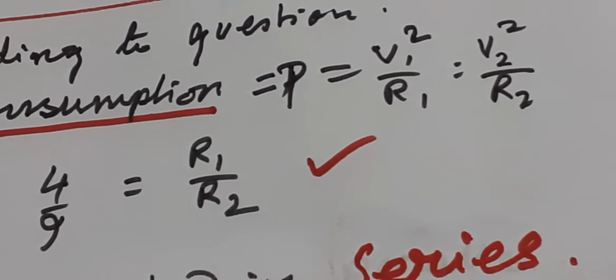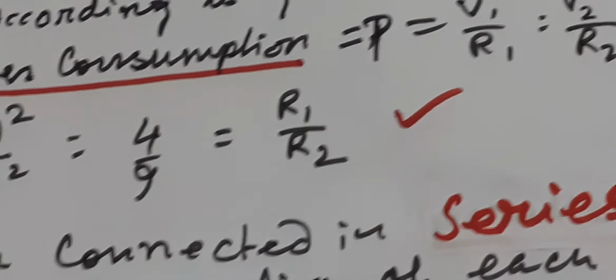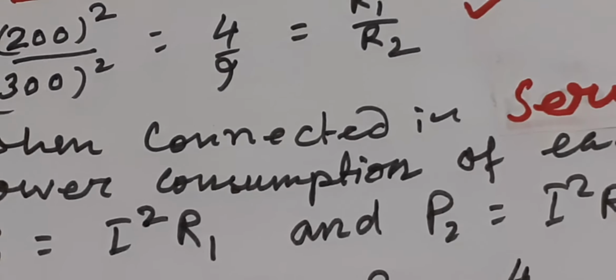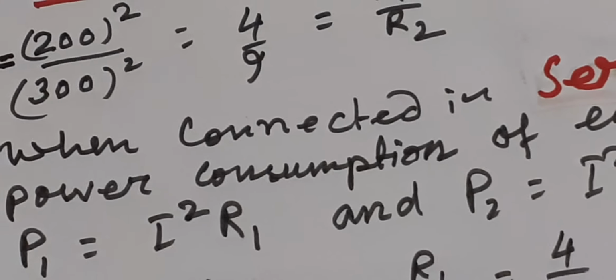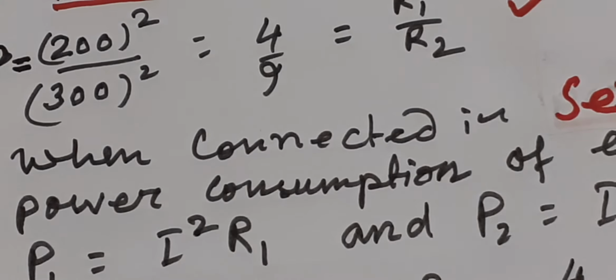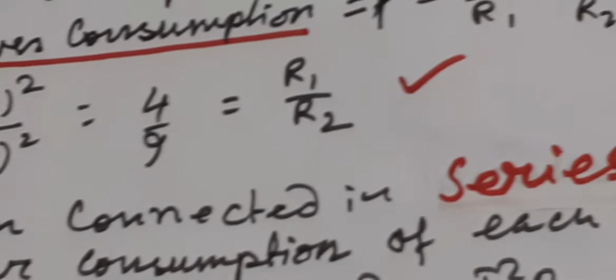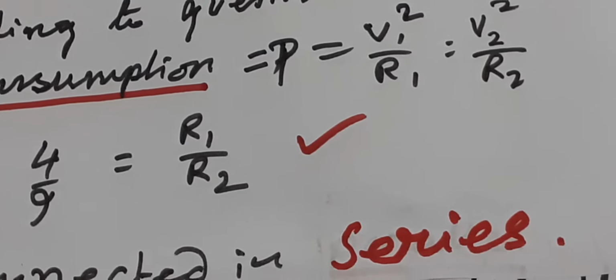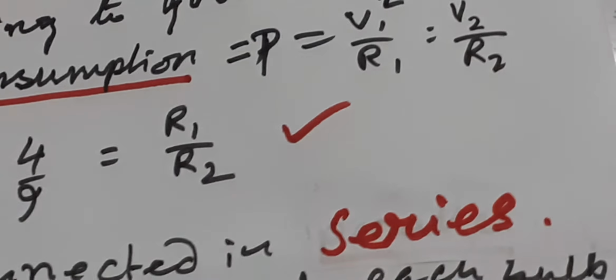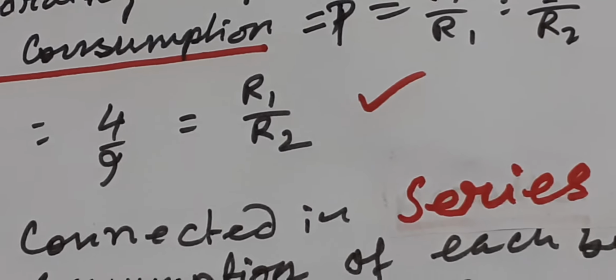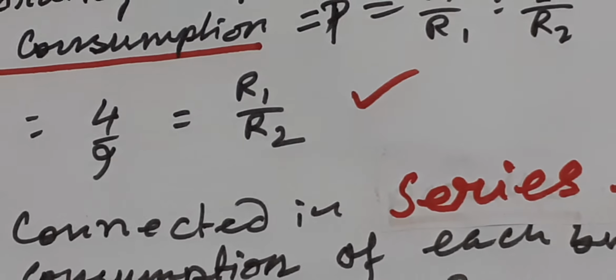Now as V1 and V2 are known, V1 by V2 whole square we can write like this, equal to 4 by 9, and of course this 4 by 9 will be R1 by R2. This relation will come from this equation. R1 by R2 means 4 by 9.